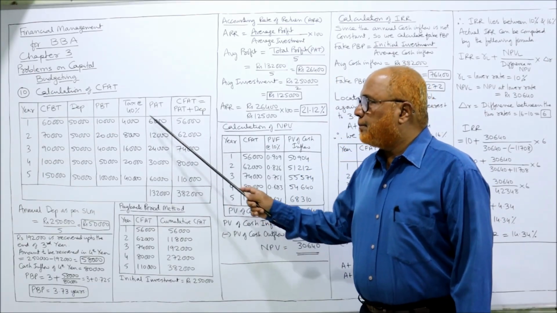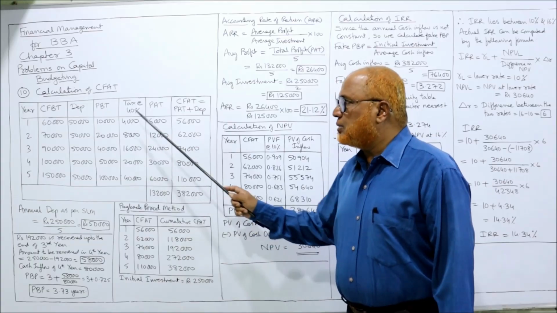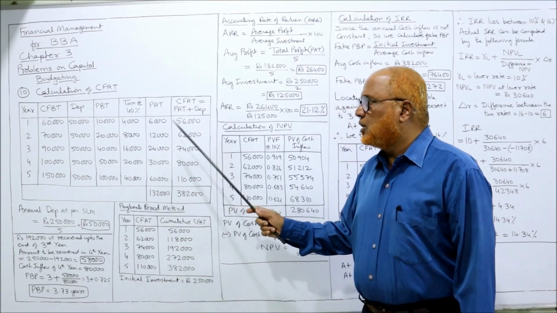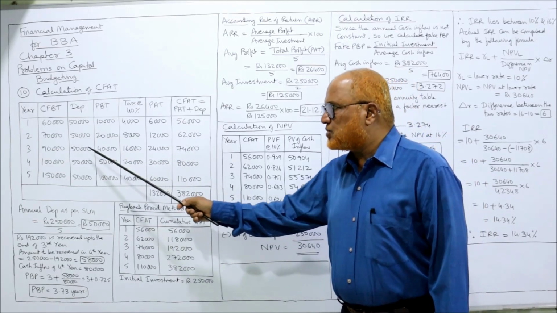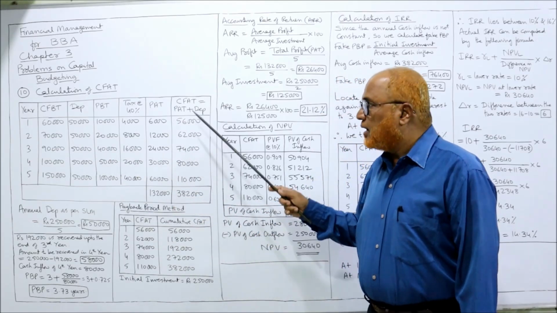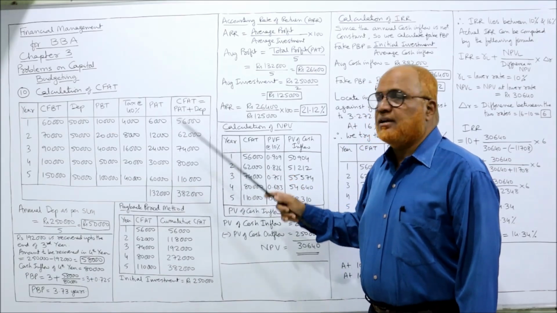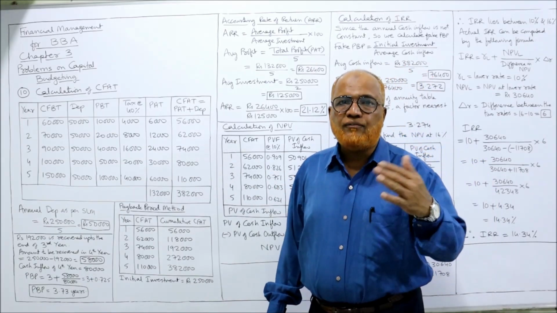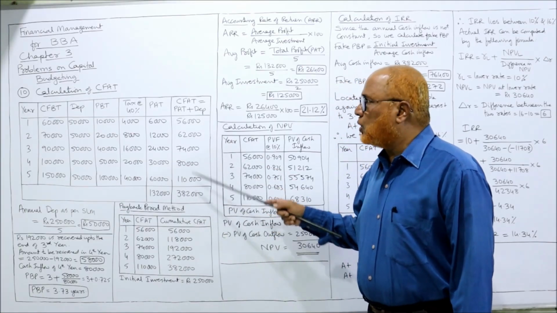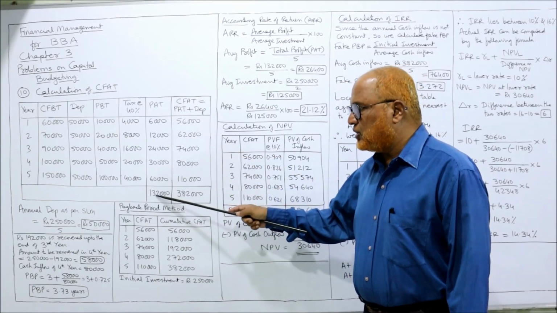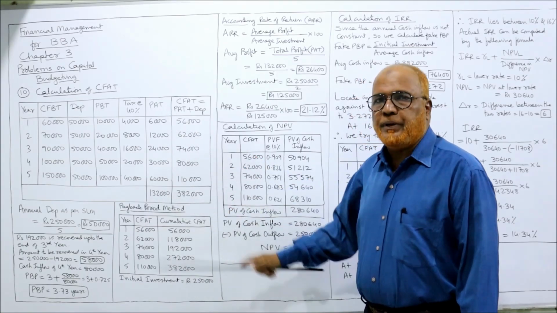So PAT plus depreciation. 6,000 plus 50,000, 56,000. 12,000 plus 50,000, 62,000. 24,000 plus 50,000, 74,000. Like this, we got CFAT, cash flow after tax. Now take the total, 3,82,000 is the total of CFAT and 1,32,000 is the total of PAT.